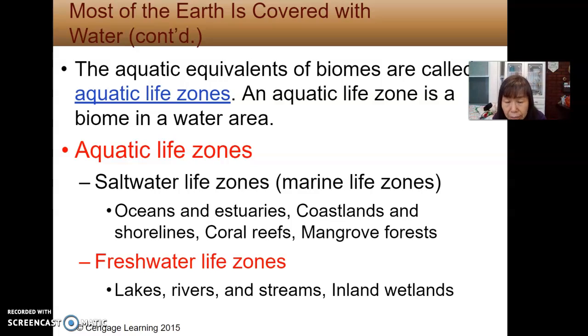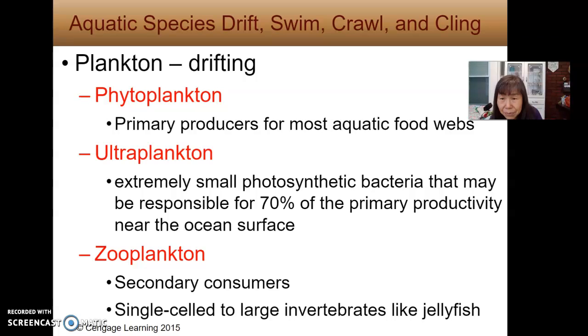So these are oceans and estuaries, coastal lands, and shorelines, coral reefs, mangrove forests. And then for the freshwater life zone, normally lakes, rivers, streams, inland wetlands, and also ponds. Right, the other day we were looking for a pond.